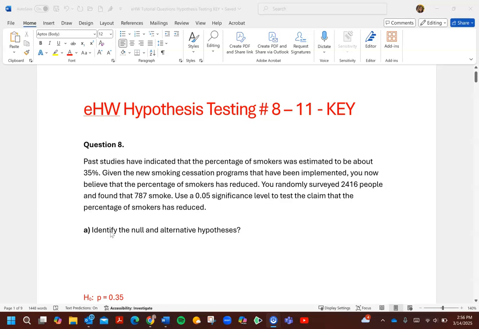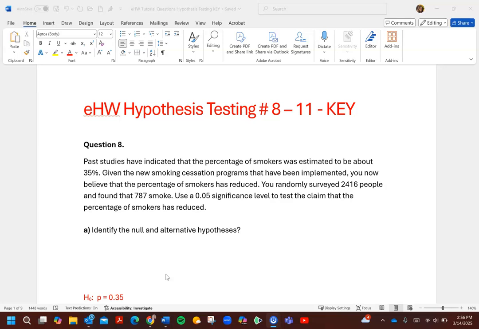So the first thing is to identify the null and alternative hypothesis. Null is what is currently happening, what's given in the problem, and you can look up here and find that's 0.35.